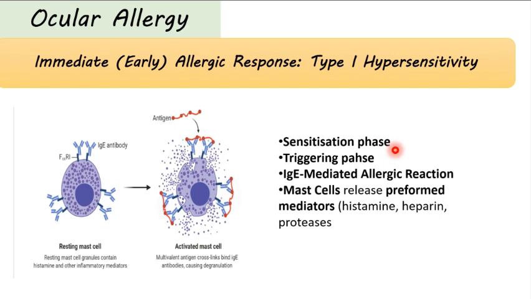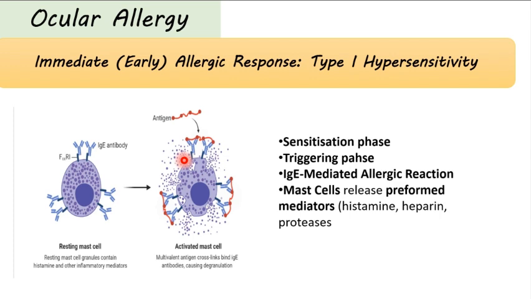So when the allergen re-enters the system, it is now going to bind to these IgE which are present on the surface of the mast cell, and this is going to cause cross-linking of the adjacent IgE and the Fc epsilon RI complexes, or the receptor and the IgE complexes. They're all going to get cross-linked, and this is going to actually initiate intracellular signaling cascades.